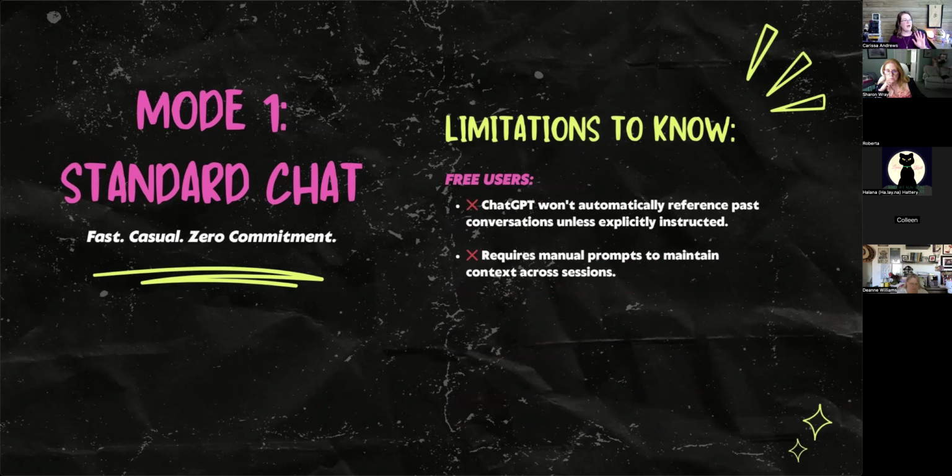So for instance, if you had one chat yesterday and then you started a new chat today, on the free user side it's not necessarily going to go back and remember the chat that you had yesterday. It might. It's gotten a lot better over probably the past 3 months. But if you really want it to remember that, you have to say, hey, chat, remember the conversation we had yesterday? I need you to reference that and then come back and we're going to talk about this, if that makes sense.